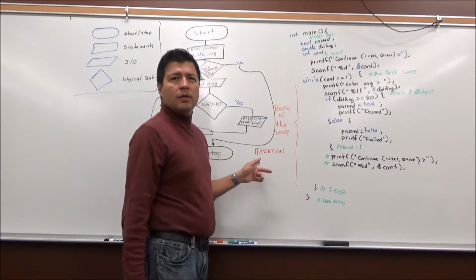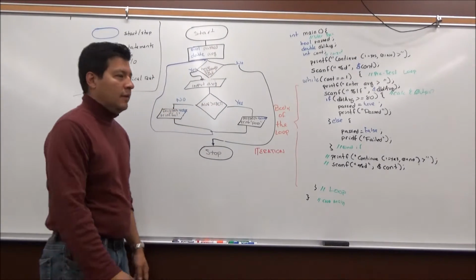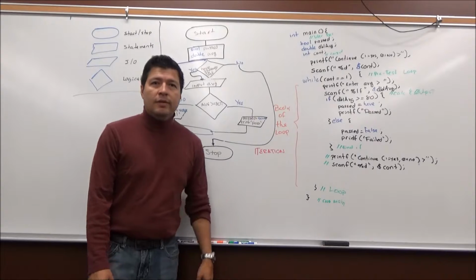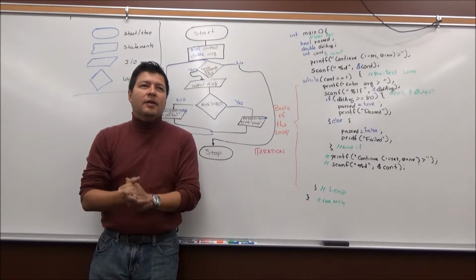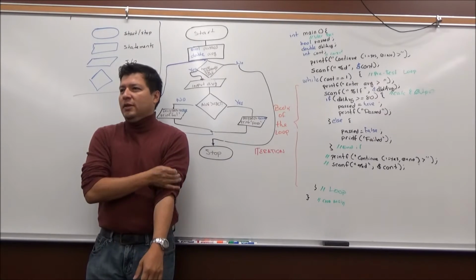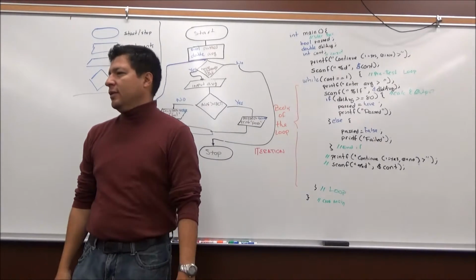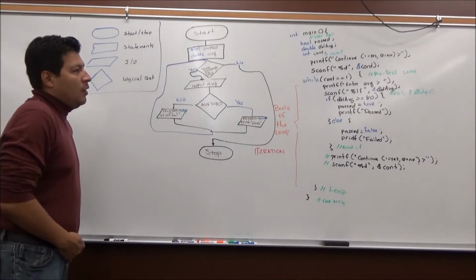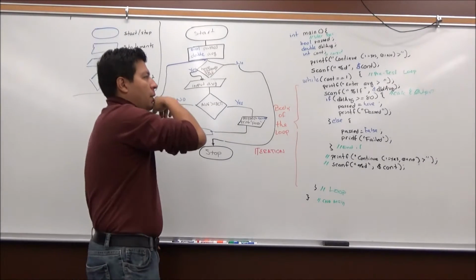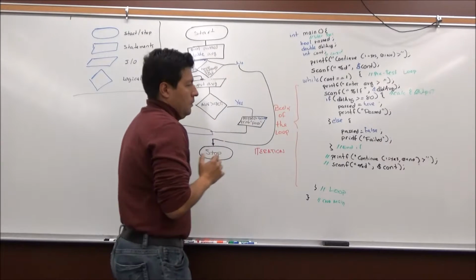Is that how you spell it? Iteration? Sure, I don't know. I mean, you read the chapter before coming, right? So you should know what that term is, because it's going to be in your quiz and your exam. So an iteration is every time the body of the loop is executed.